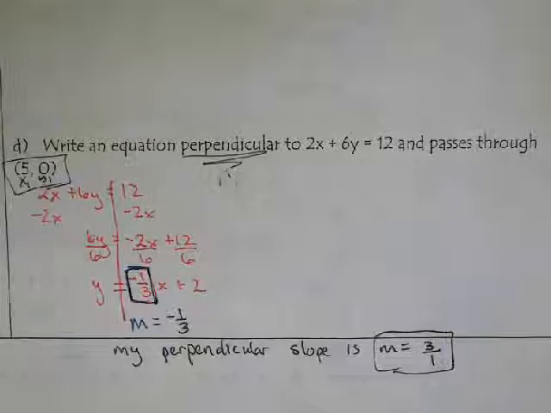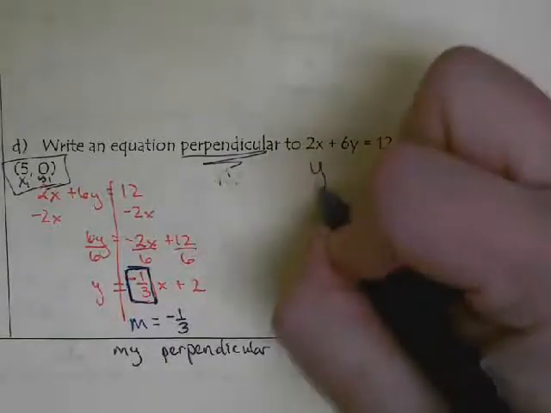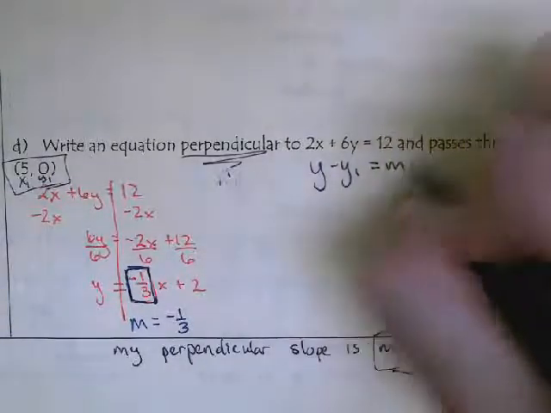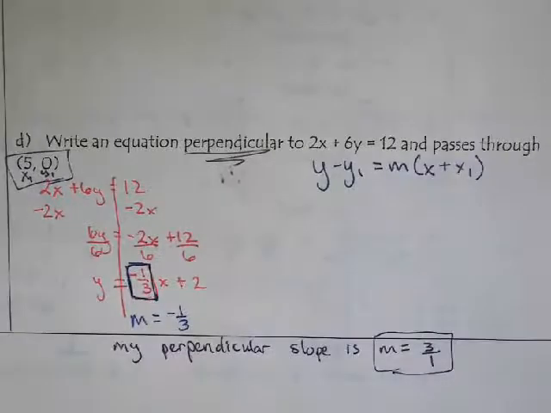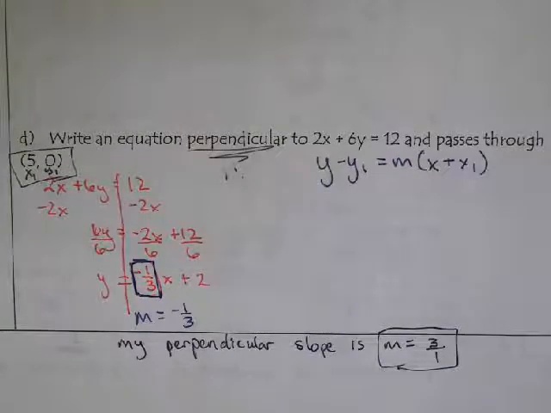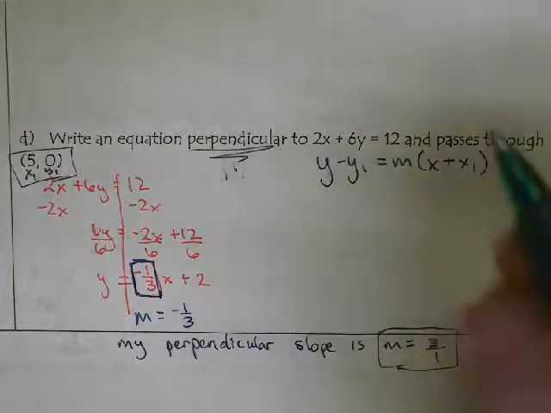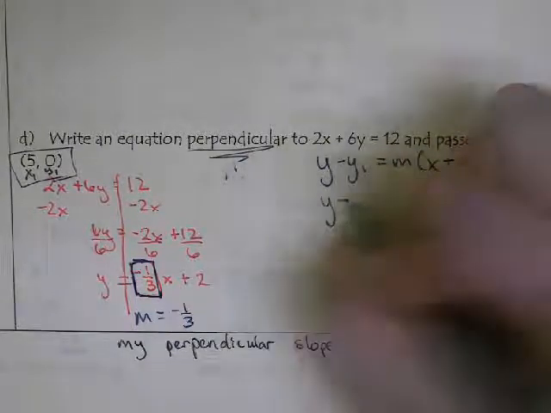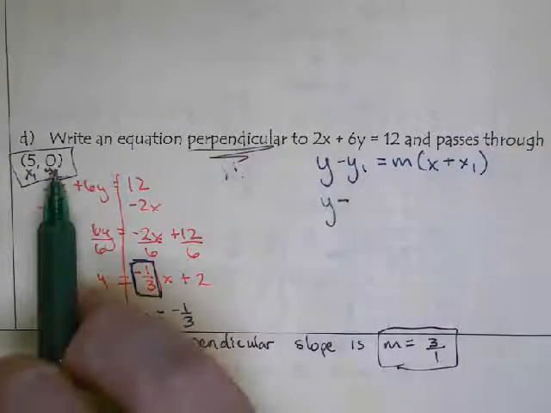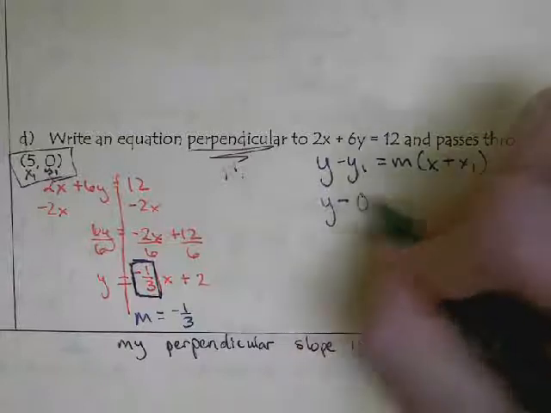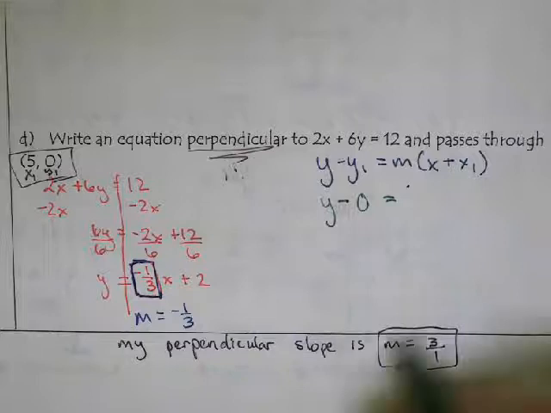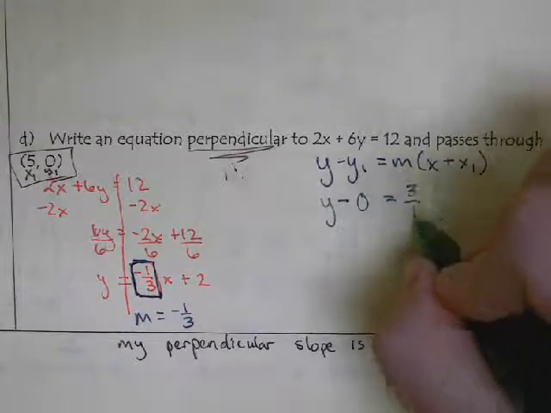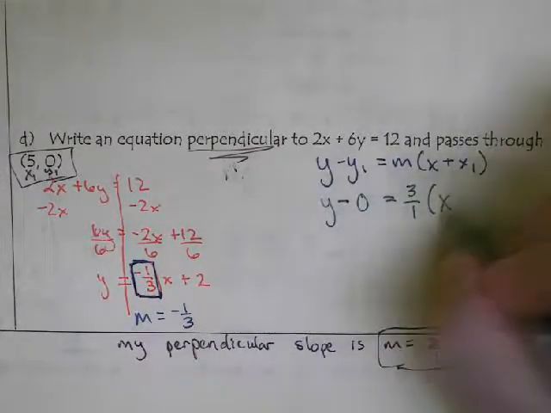We're going to use that same equation. I'm going to write our general form again. The more we write it, the more we practice it, the more it'll be stuck in our brain. Plug everything in, and we get y minus y1 is 0 is equal to m is 3 over 1, coming from right here, times x.